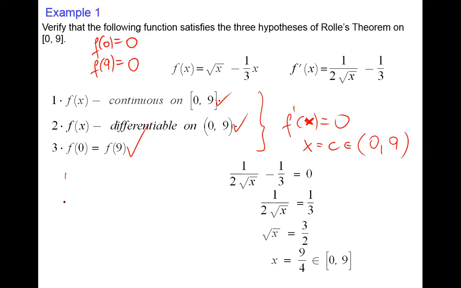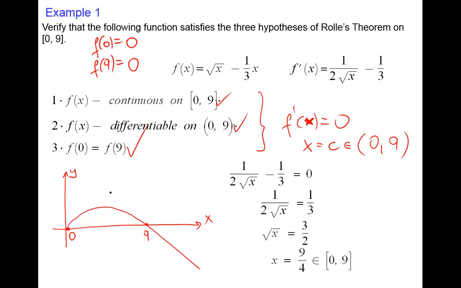I don't know exactly how this function looks like, but I'm assuming that it's kind of like a little bit, something like that. Oh, I don't like it because it's the square root, but it's also the line. It's a combination. That means at 0 we have 0, and at 9 we have 0.